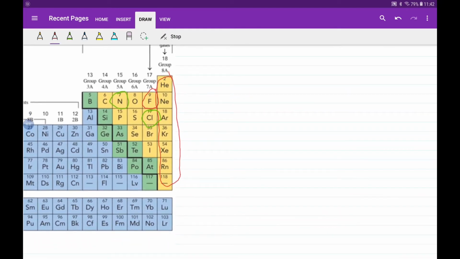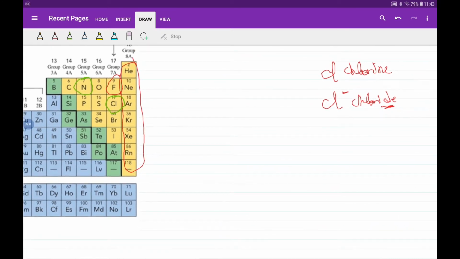So let's go through that pattern. If we take chlorine, okay, that's chlorine, and give it a charge, we change the end name to chloride. You'll recall that, right? We change the ending to IDE. But instead of giving it a charge by itself, we're going to add oxygen to it.